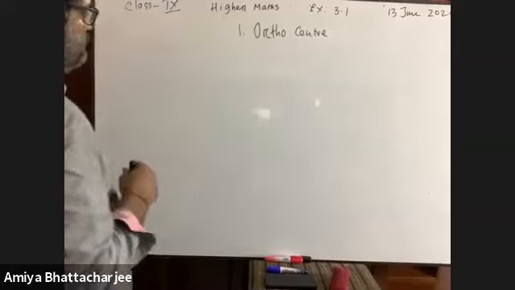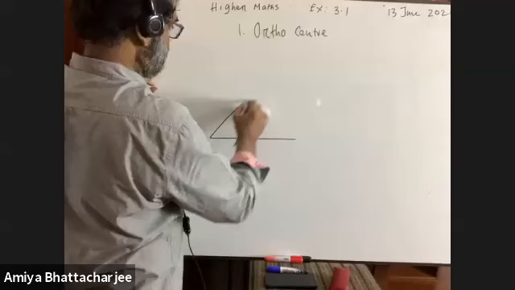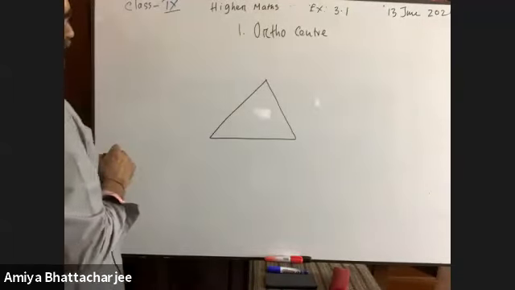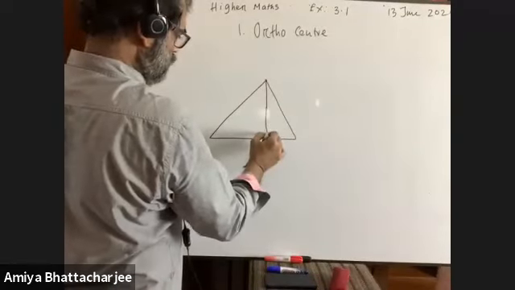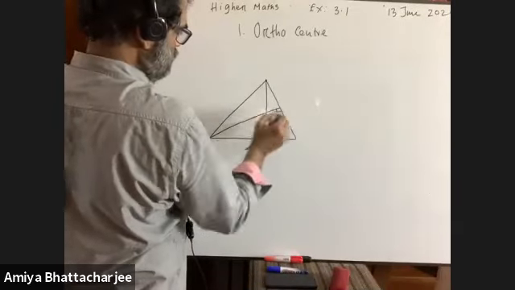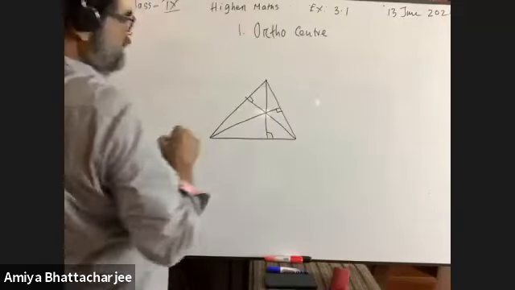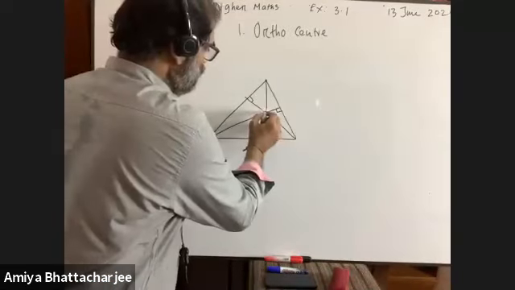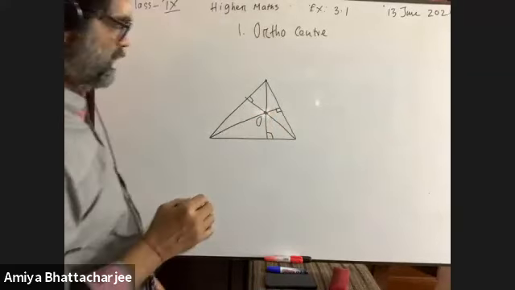You see, suppose a triangle. It is a triangle. Now let's draw 3 perpendiculars. 1, 2, 3 perpendiculars have been drawn. This point is known as orthocenter. This is O for orthocenter.